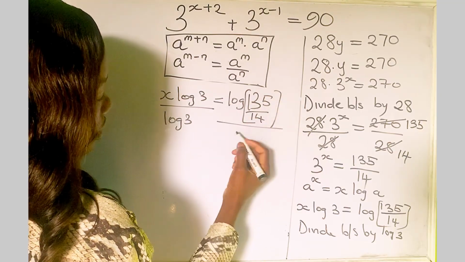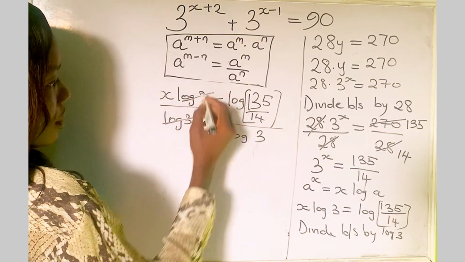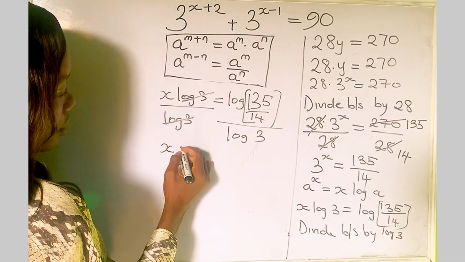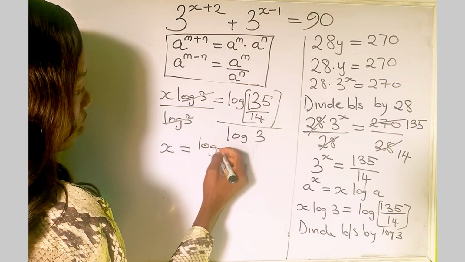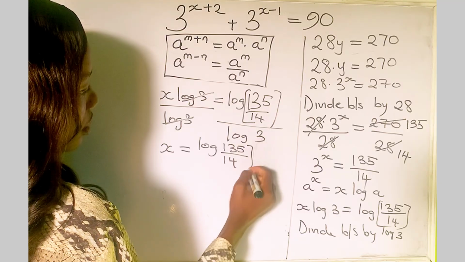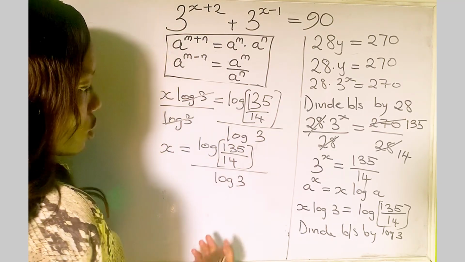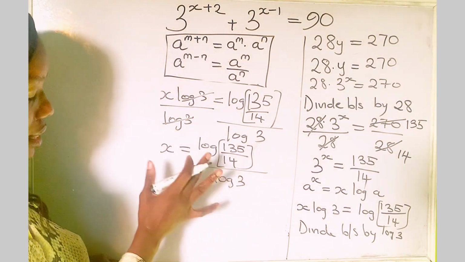over log 3. So this can cancel. We have that x is equal to log 135 over 14 all over log 3. So we are applying a change of base now.